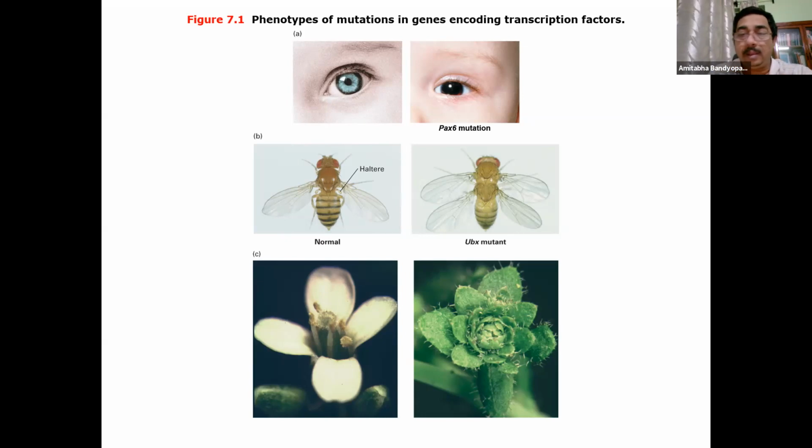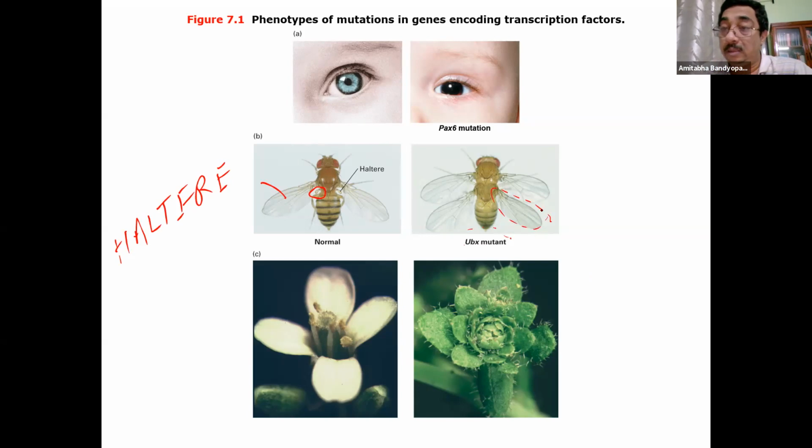So you see that in Drosophila, there are these wings, and there are these tiny organelles called haltere. Okay, it is spelled as haltere. When UBX is mutated, the haltere also becomes like another wing.